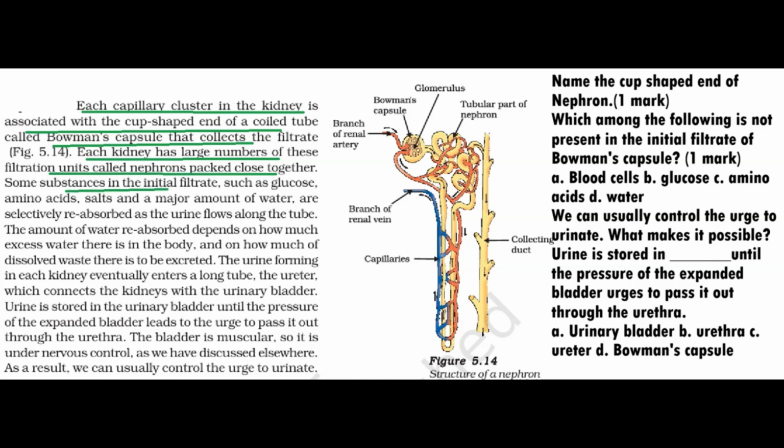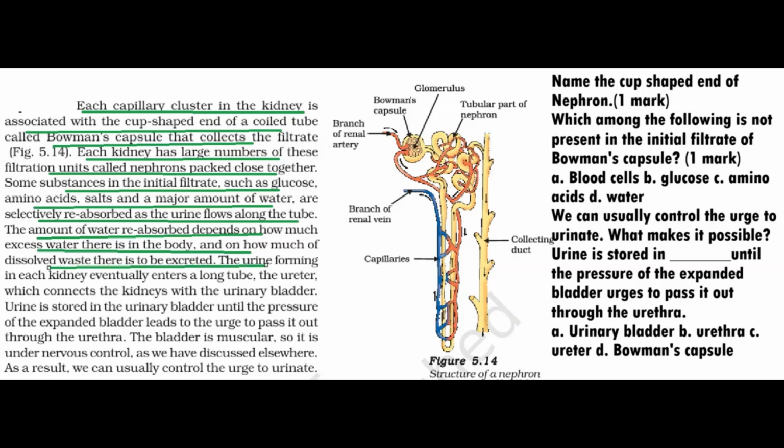Some substances in the initial filtrate such as glucose, amino acids, salts and a major amount of water are selectively reabsorbed as the urine flows along the tube. The amount of water reabsorbed depends on how much excess water there is in the body and on how much of dissolved waste there is to be excreted.